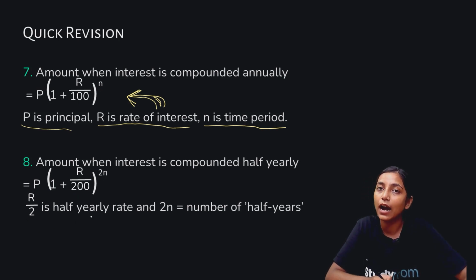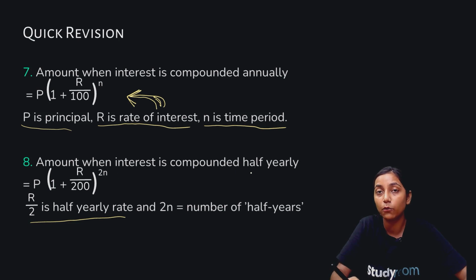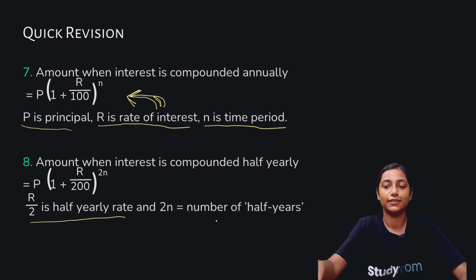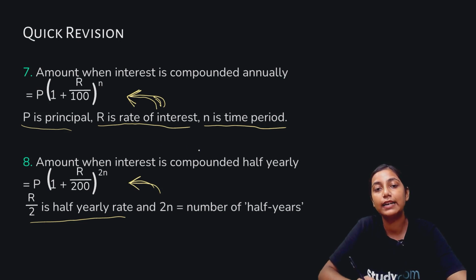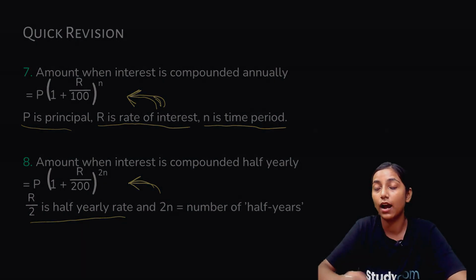Now R by 2 is the half yearly rate because we are given compounded half yearly, and 2n is the number of half years. So these are the formulas for finding the amount when interest is compounded annually or when the interest is compounded half yearly.